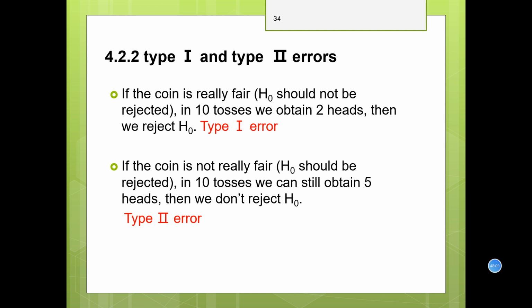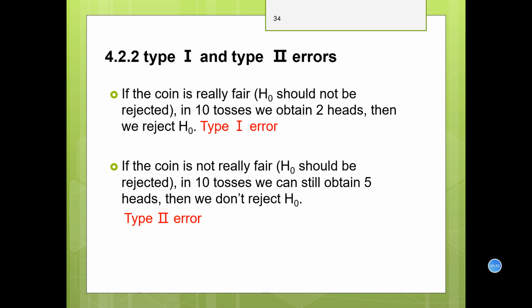So that means if the coin is really fair, then we should not reject H0. But in 10 tosses, we obtain 2 heads or even fewer. Then we reject H0 based on our result of 10 tosses, right? Because we believe that if the coin is fair, we should get 4, 5, or 6 heads.